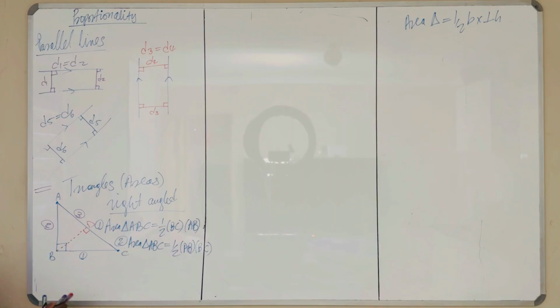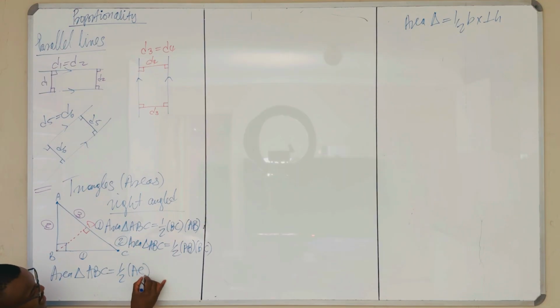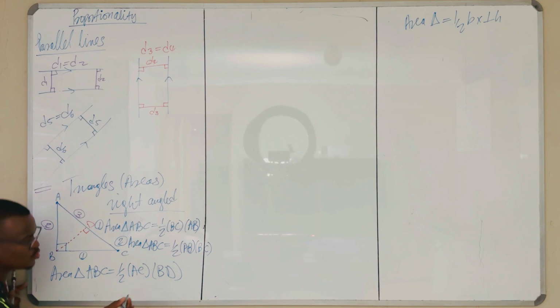So in that case, to calculate the area of triangle ABC, it will be half base, which is what? AC. AC, times perpendicular height, which is what? Which is BD. All this area should come out the same.